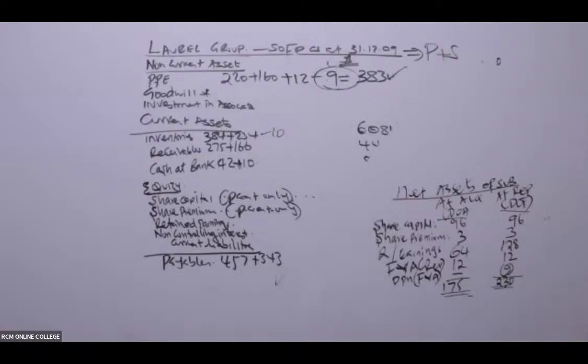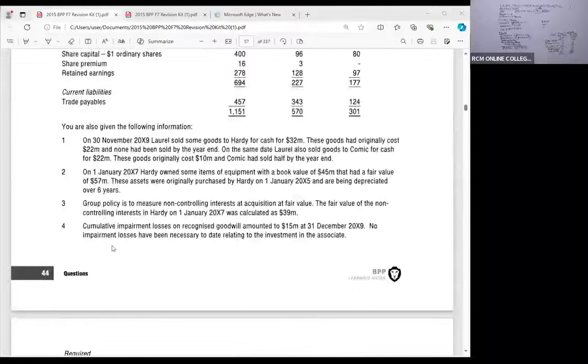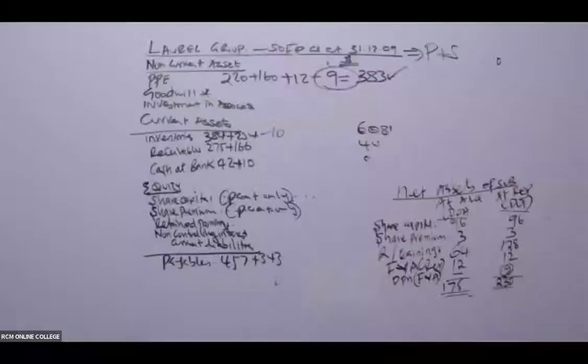Marvin, this is very easy. Because Hardy is a subsidiary, and at reporting we have retained earnings of 128. Are you able to see this? DOF is the date of financial statements, and DOA is date of acquisition. So 128, like that. I hope, Marvin, you're able to see that.